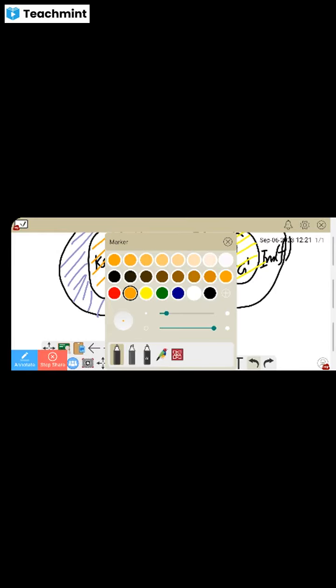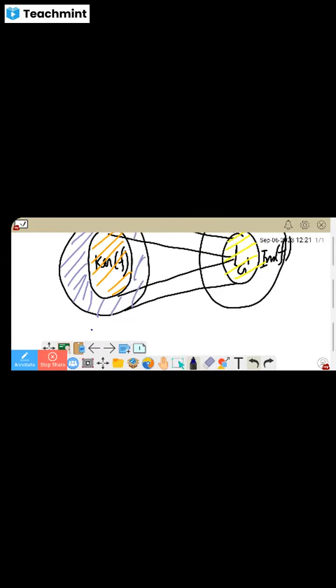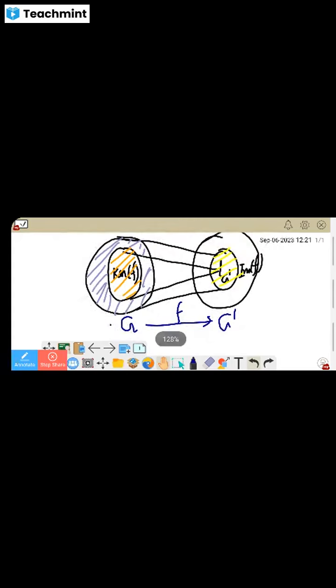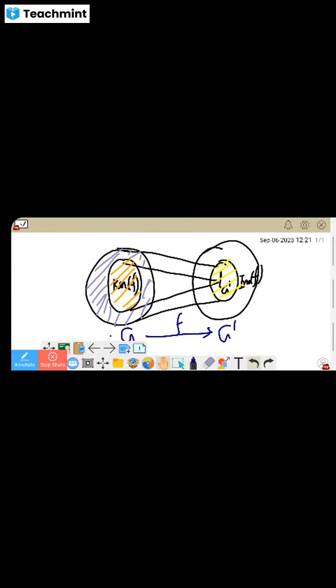This is G and G dash, and this mapping F is said to be a group homomorphism. Now got it? Yes, ma'am.